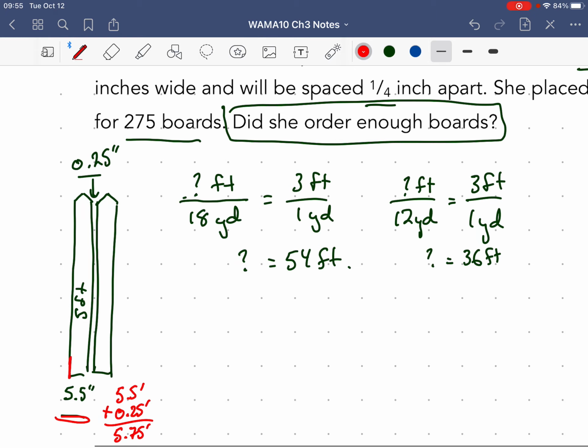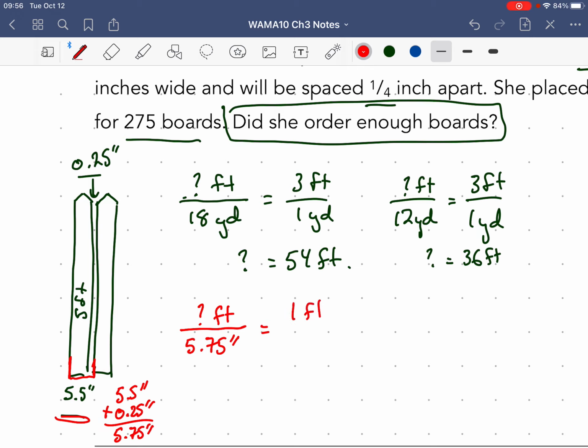Now let's take this. So every board is going to have itself and the other 1/4 inch. So let's take this. How many feet are there in 5.75 inches? Because that is how much each board takes up. Each board takes up 5.75 inches.